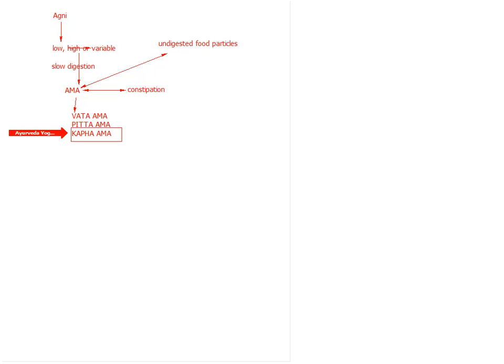We call it Pitta ama, but that is not part of this course. If someone is having a lot of oily food or processed food, lots of milk, dairy, wheat, that can lead to Kapha ama. As you go forward, you will learn more about different kinds of ama.